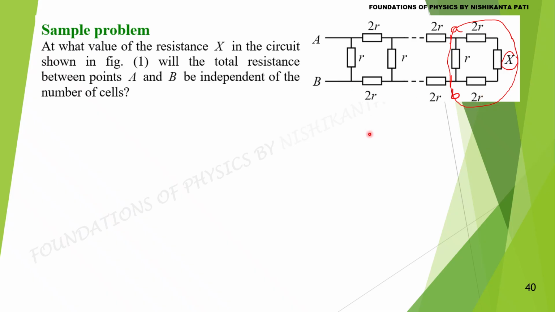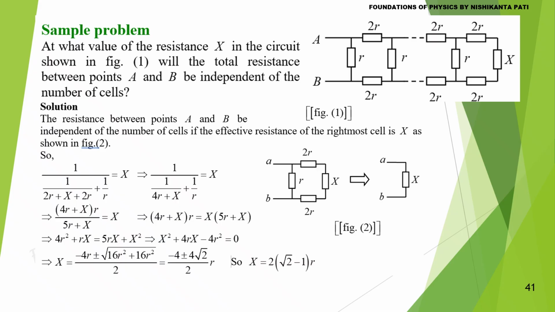So it is only possible if the effective resistance between small a and small b should be equal to capital X. So the process is this should be equal to X. 2R and X are in series.